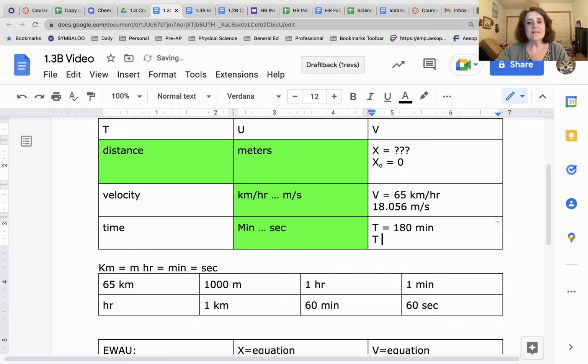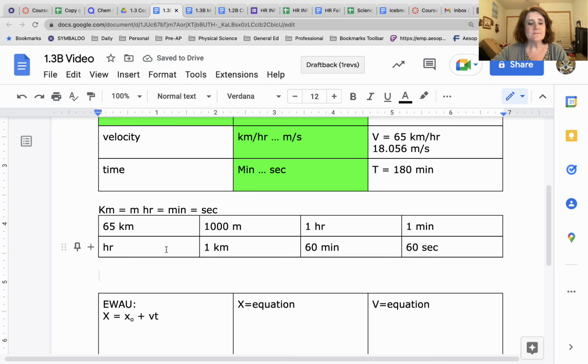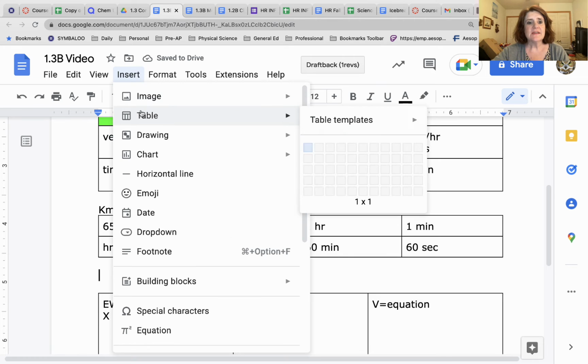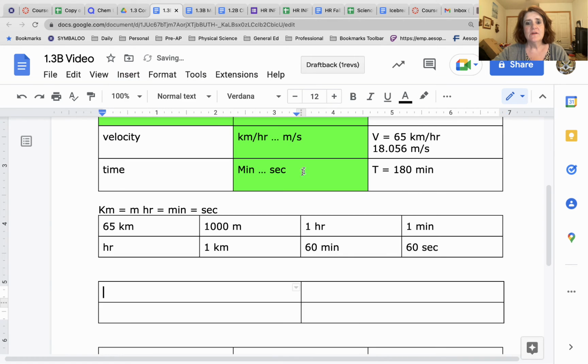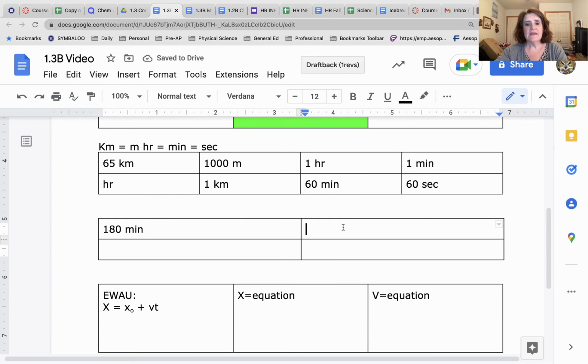But I really want that to be in seconds. So again, I can do another conversion, inserting a table, and my 180 minutes can turn into seconds because 1 minute is equal to 60 seconds.